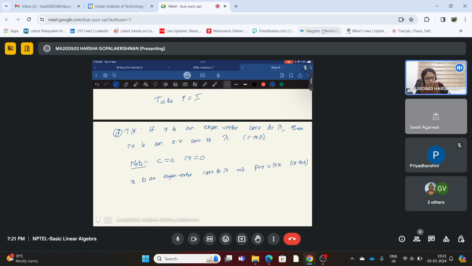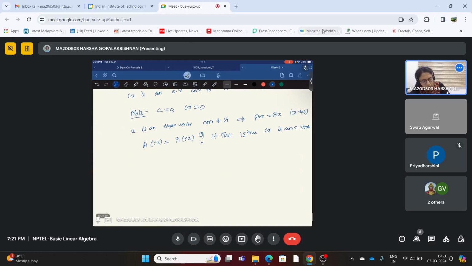What will we get? A Cx should be equal to lambda times Cx. Instead of x, I am giving Cx. If this is satisfied, Cx is an eigenvector, because x is non-zero, C is non-zero, so Cx is non-zero.